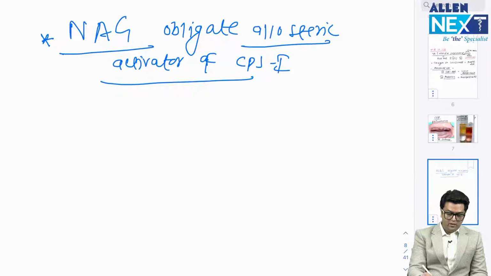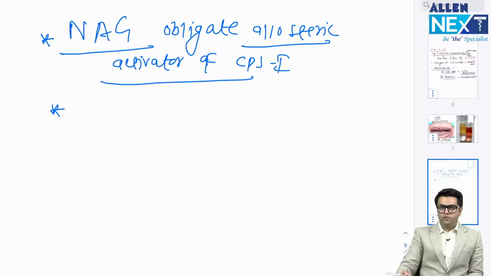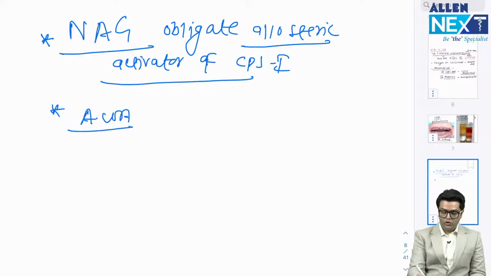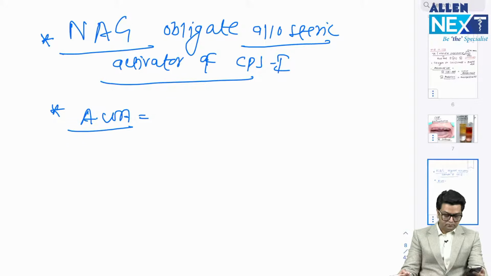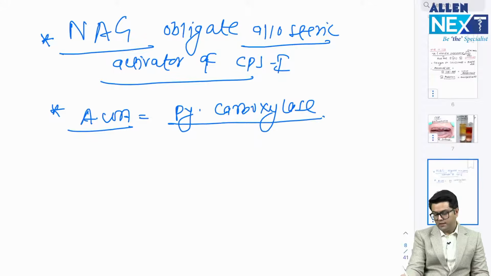Guys, can you name one more obligate allosteric activator? There is one more that we have to remember, only two names, that is acetyl coenzyme A. So in gluconeogenesis, acetyl coenzyme A is activating the enzyme pyruvate carboxylase, which is a rate limiting step.